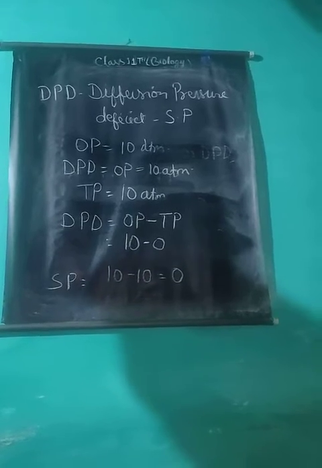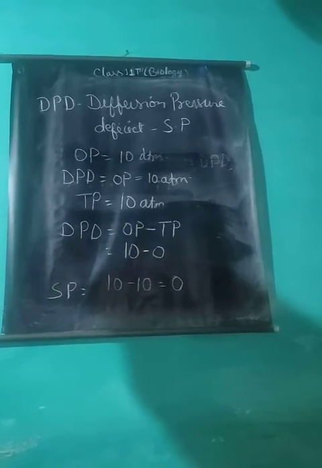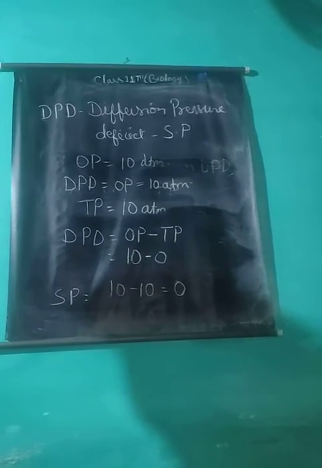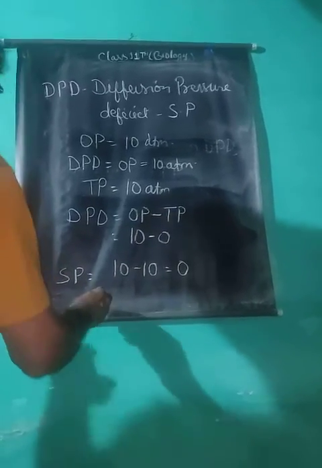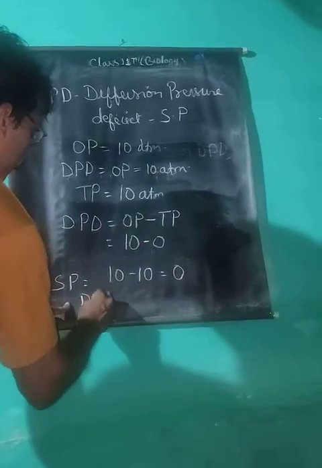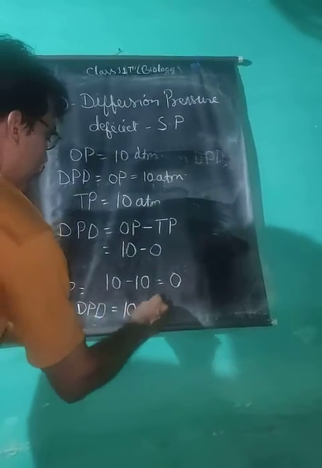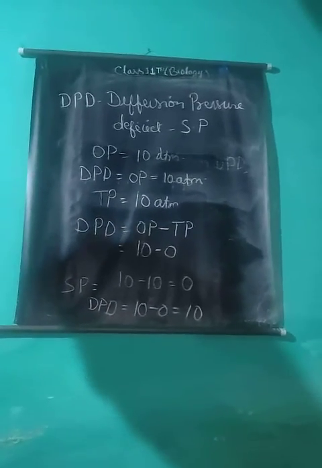Likewise, when maximum water comes out from a cell, it becomes flaccid. In this condition, the value of OP is maximum and TP is 0. So here DPD or SP can be calculated as 10 minus 0 equal to 10.